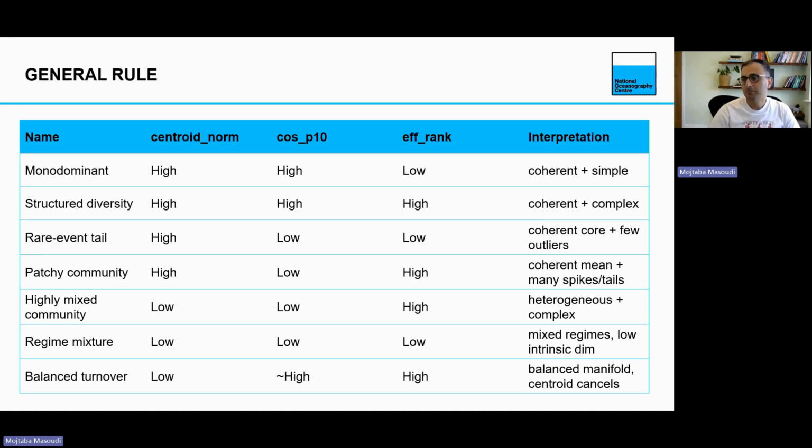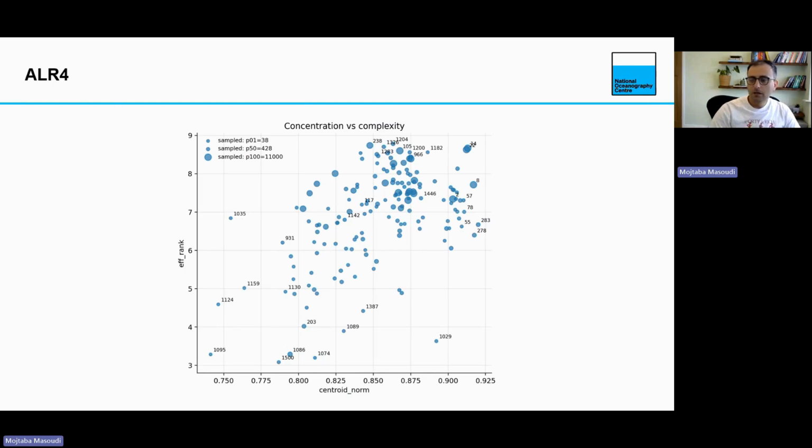If it's high, it means there is complexity happening in the data as well. So here I plotted how the concentration and complexity differ across our deployments. You can see how different deployments can vary regardless of the concentration and complexity.